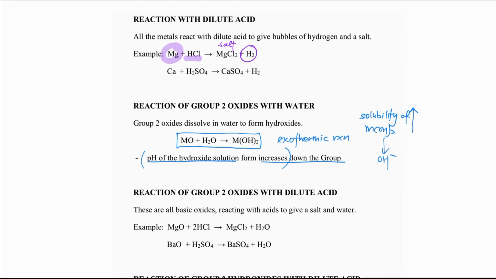Next to go, we have group 2 metal oxide reacting with acid, where group 2 metal oxides are all basic oxides. They react with acid just like a base with acid to produce salt plus water.